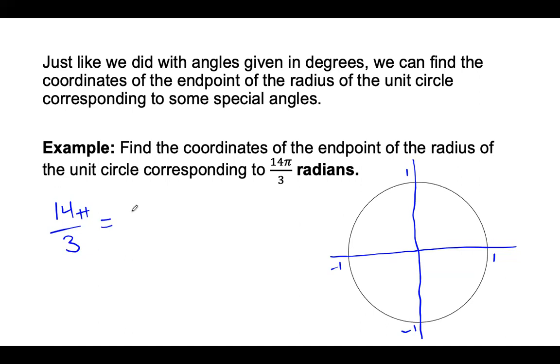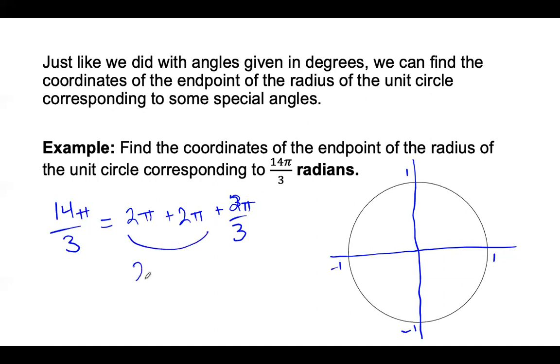Well, we're going to have 3 divided into 14, be 12, and then a remainder. So that part will be 2 pi plus 2 pi plus 2 pi divided by 3. And you can work out this math if you can't see it immediately.